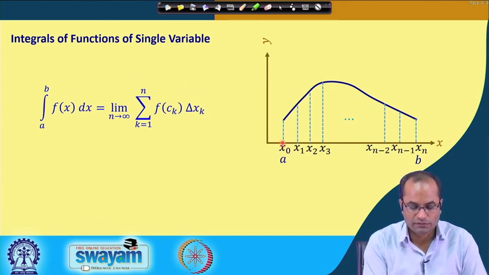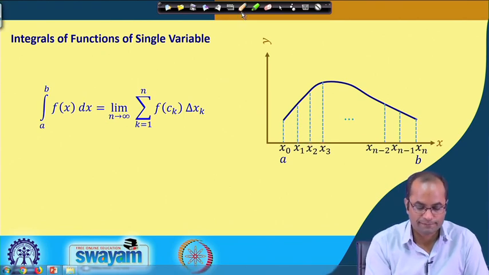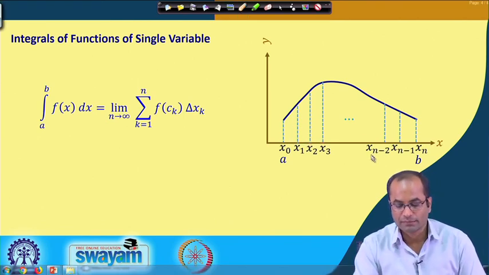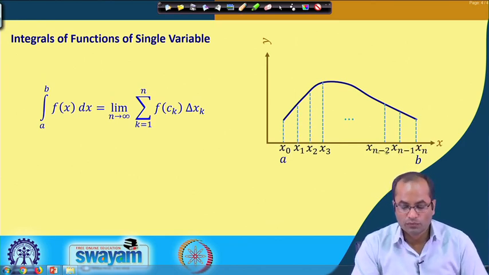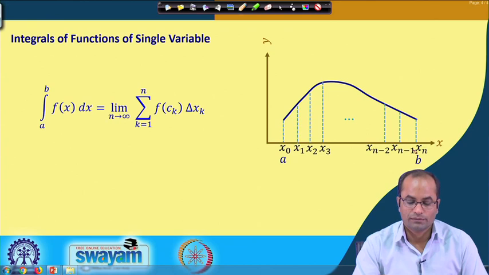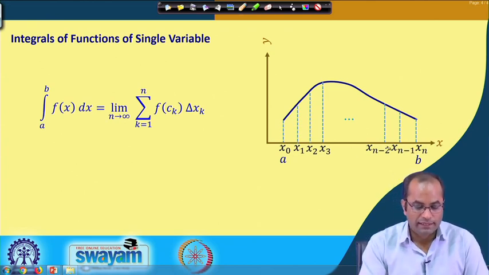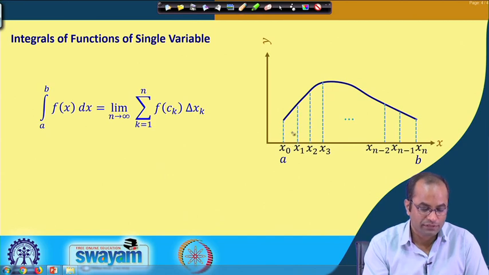Let us denote the first point a by x0, then we have x1, x2, x3 and so on, x(n-2), x(n-1) and xn. So, we have divided the whole range a to b into n intervals, and then in each interval we have taken a point. It could be a middle point or any other point.